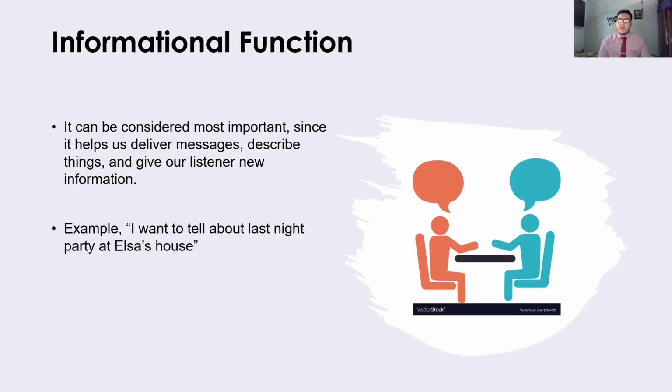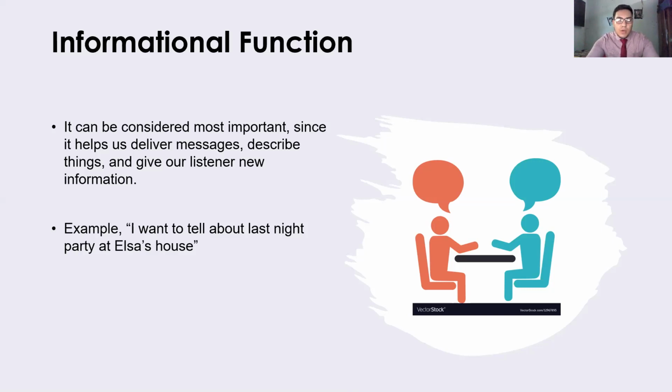But you might wonder, okay, last night there were a lot of parties, but you're giving exact information, and that is Elsa's house. That's how you identify that this informational function is important, because we are delivering a clear message or we're describing situations. In this case, it was about last night's party.